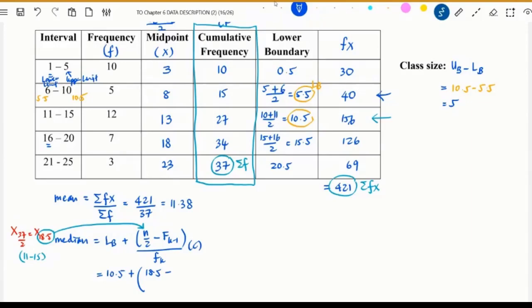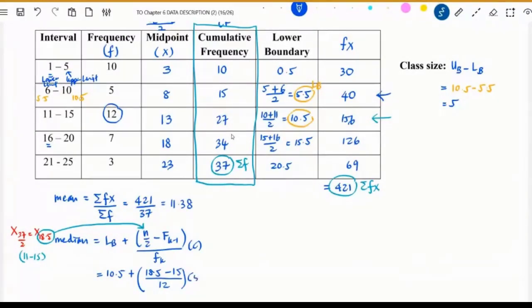The median class is here, so the class before is 15. So minus 15 divided by the frequency of the class, which is 12 here. And what was our c? Our c is 5.